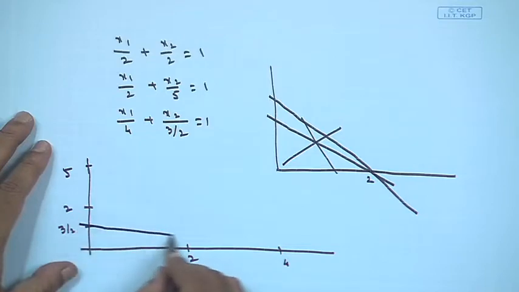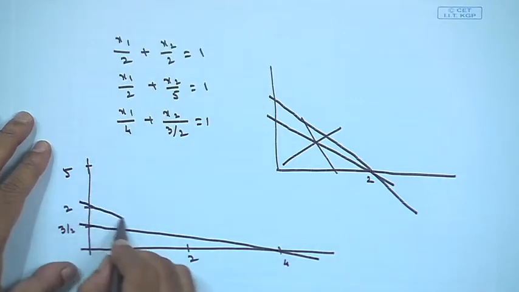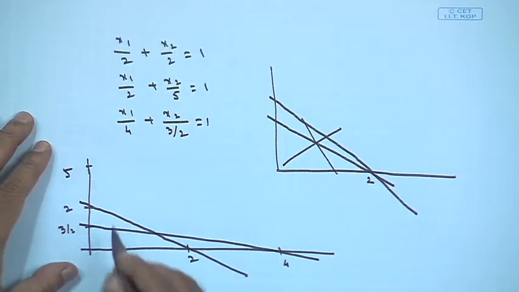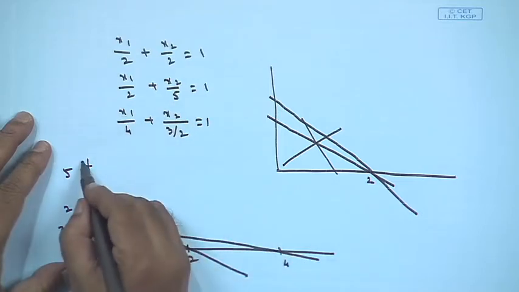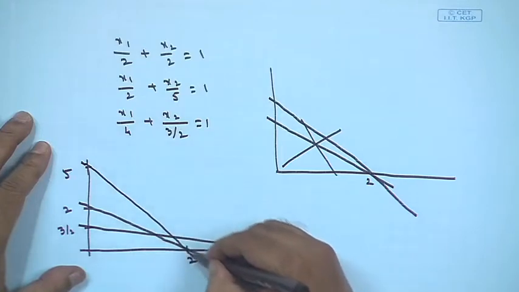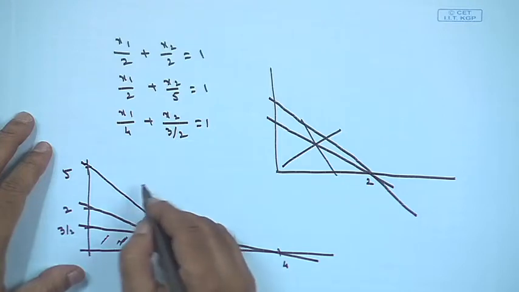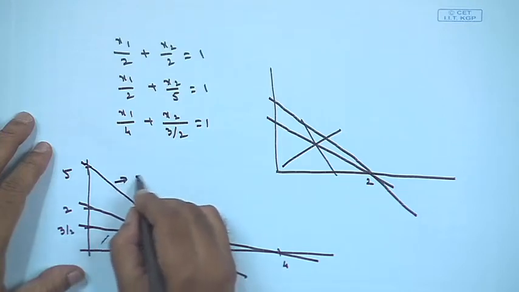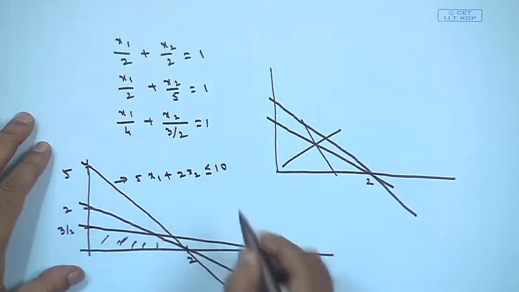So, one line will be like this, going through 2, 2, and there will be another one which goes through 5, 2. If I draw like this, another point will be like this. So, this is the feasible region. This one is your 5x1 plus 2x2 less than or equal to 10.